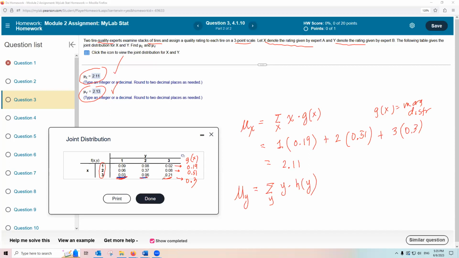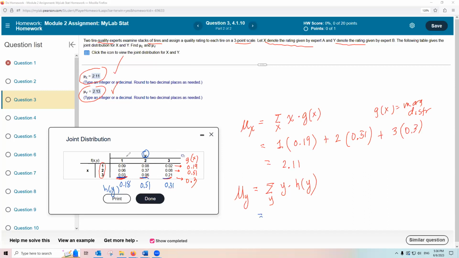These column totals are going to be the H of Y values, because you can see these columns are representing the different Ys. So I think this one's going to be 0.18 for this Y value. I think this is going to be 0.51 again, is that right? And this one here is 0.31.